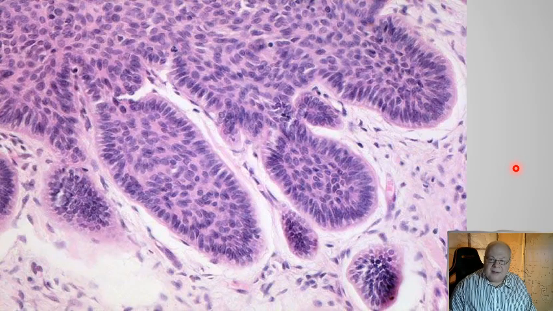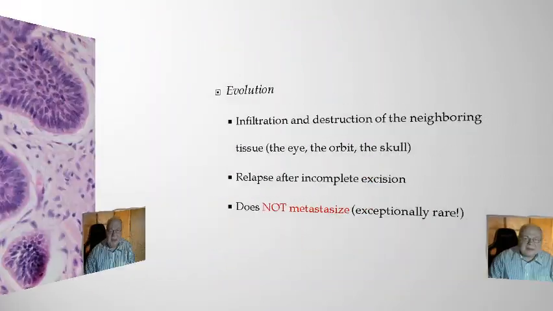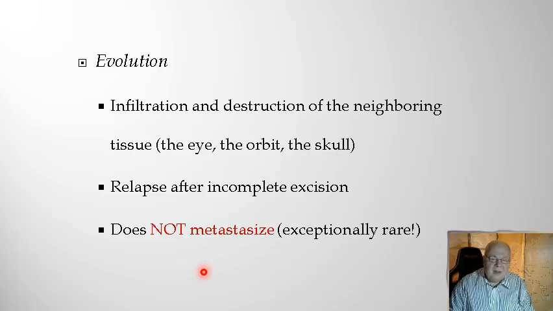Unfortunately, there are some other tumors than basal cell carcinoma, called basaloid carcinomas, with an origin in something other than squamous epithelia, which are our problem for differential diagnosis, and we have our criteria for this differential diagnosis. In evolution, basal cell carcinoma grows by infiltration and destruction of everything if it's not removed.